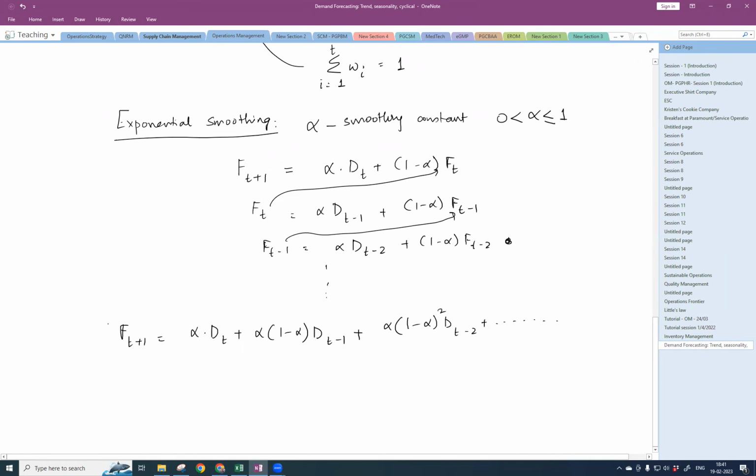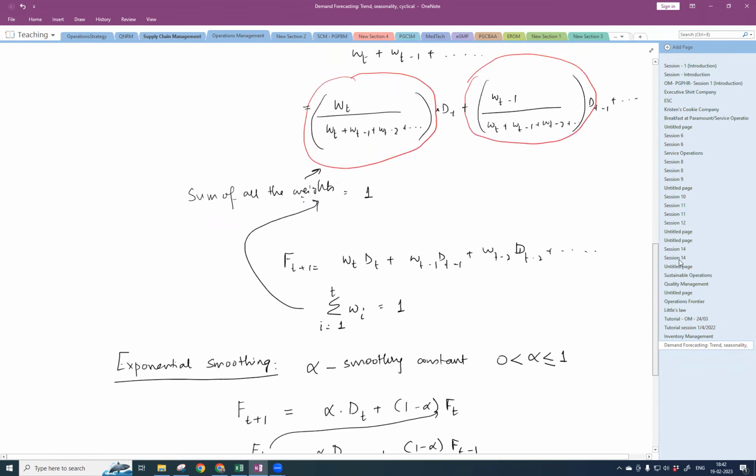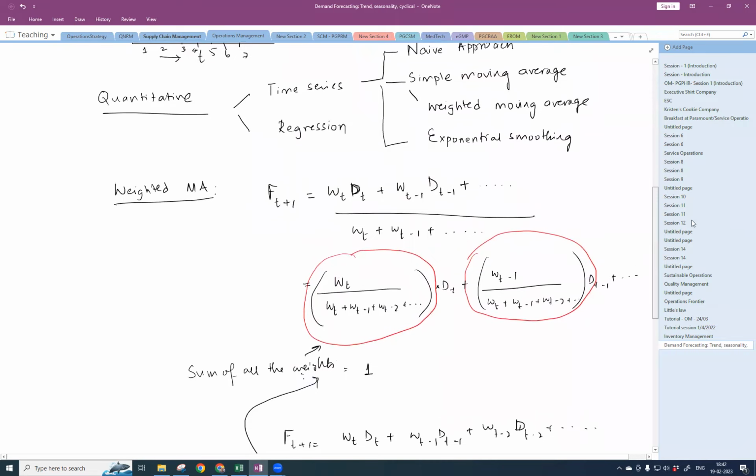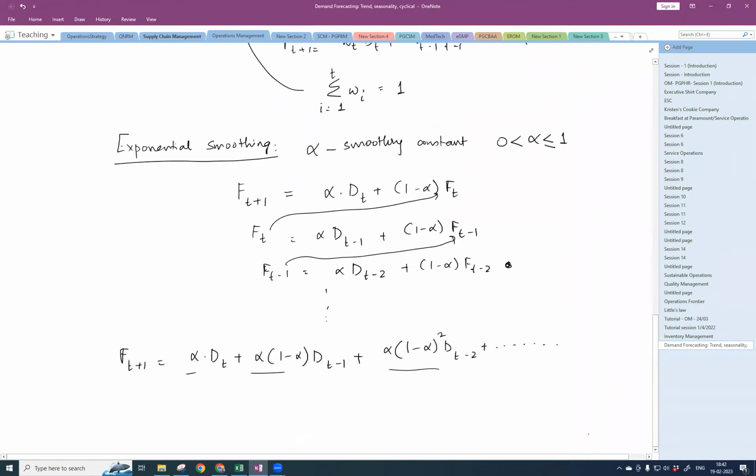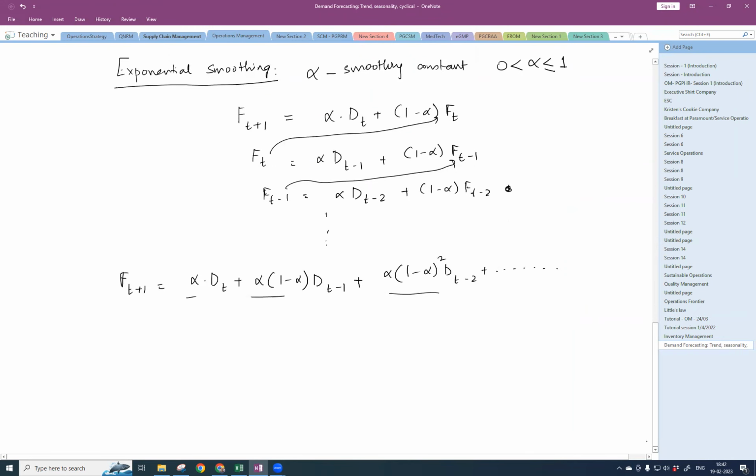So it's prudent to also remember this particular thing, because this is almost equivalent to your weighted moving average, where all these weights are nothing but the weights corresponding to that. So this is basically the concept of exponential smoothing and your weighted moving average, right? So for the rest of the things, you can either refer to the slides or the textbook.